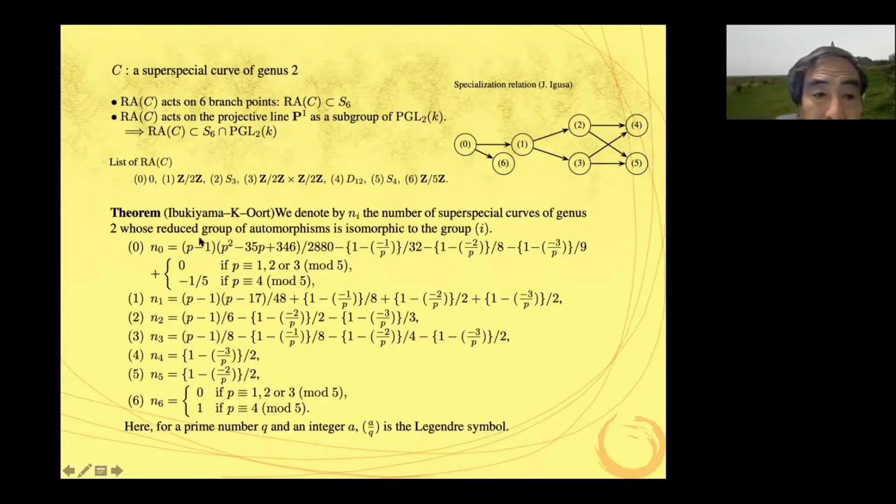Then the number of superspecial curves of genus 2 is given like this. N0 is equal to this, and of course, for example, this is a Legendre symbol. And N1 is equal to this, N2 is like this, N3 is like this. Okay, this is a list of the number of superspecial curves for each class.